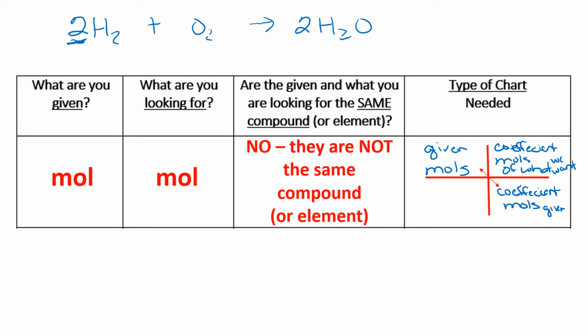Whatever you have here is what goes here, is what counters over here. So if I've got 3 moles of hydrogen, then down here I would put 2 moles of hydrogen, and up here would be 1 mole of oxygen, because oxygen has no coefficient, so it's understood to be 1.